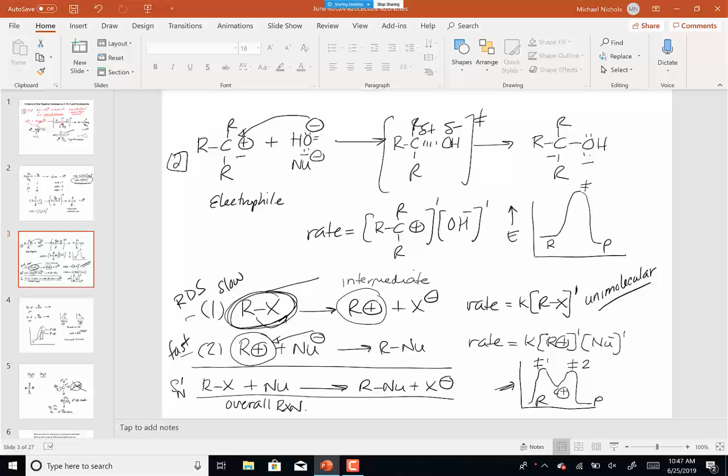Well, yeah, but it's not just a gut instinct that the product from the more stable intermediate is going to form faster. So then which SN1 reaction is going to occur faster? A tertiary, then a secondary, and primaries don't undergo SN1.